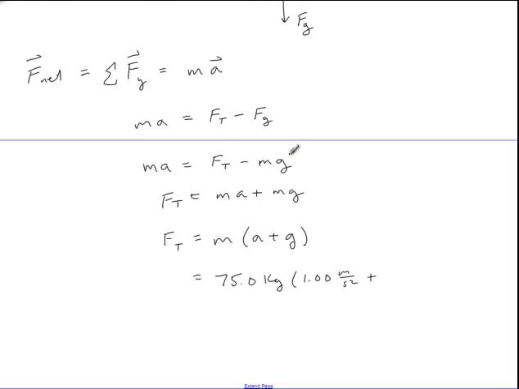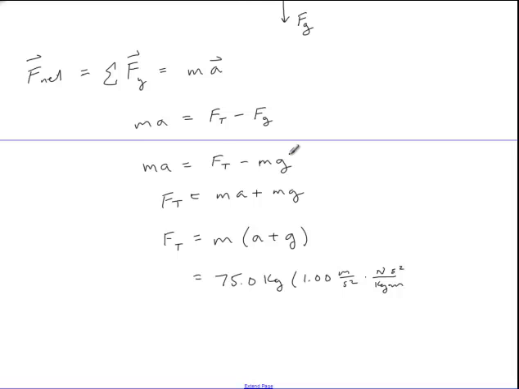plus, actually, you know what? I'm not going to write plus. I'm going to convert those units to newtons per kilogram because I can do it this way. Times newtons per kilogram, right? 1 newton is a kilogram meter per second squared, and I just flipped it around.